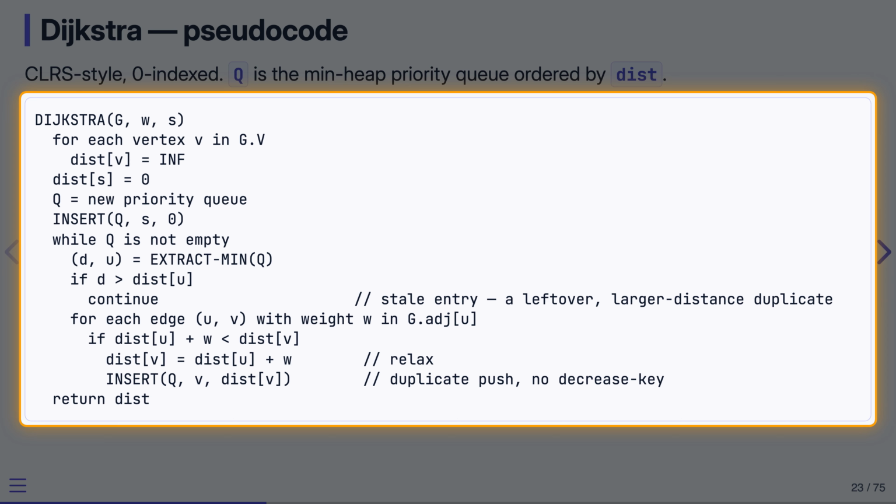Now look at the loop body. If the popped distance D is bigger than dist at U, this is an old duplicate, so we continue and skip it. Otherwise, for each edge UV with weight W, we relax. If dist at U plus W is less than dist at V, we update dist at V and push the new pair. There is no decrease key.